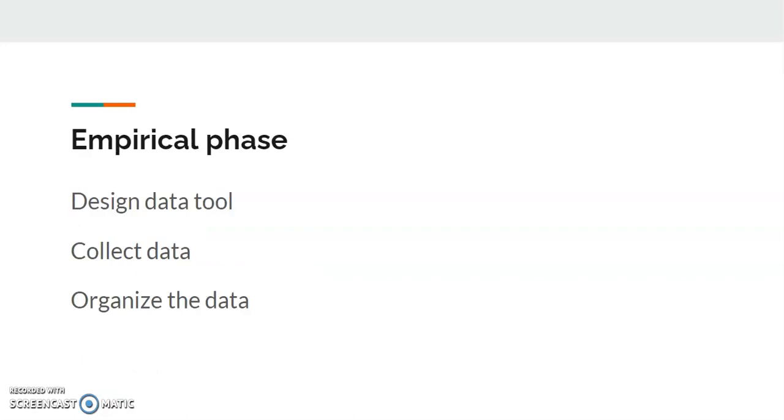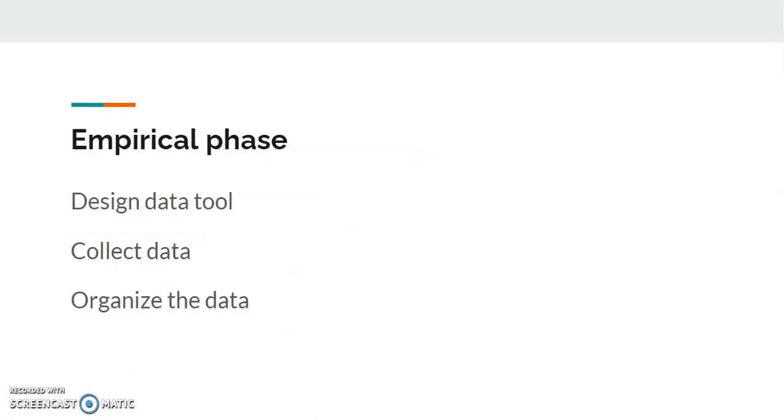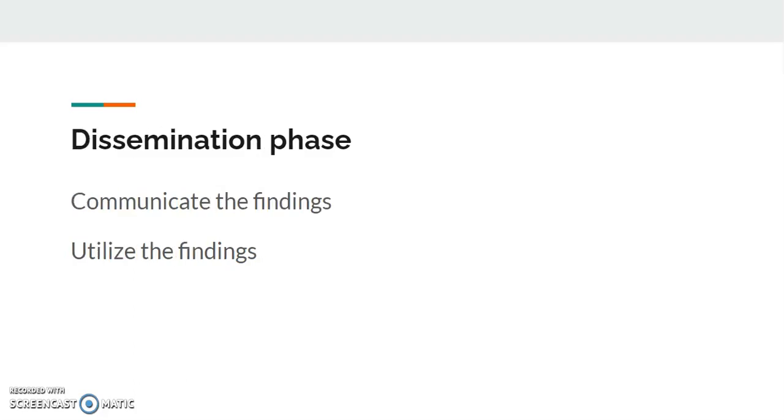In the empirical phase, design the tool, collect data, organize data. Analytical phase, analyze data and interpret findings. Dissemination phase, you will communicate and utilize whatever research you have conducted.